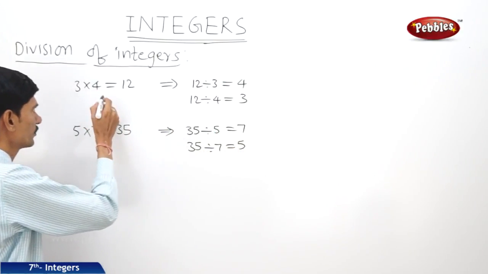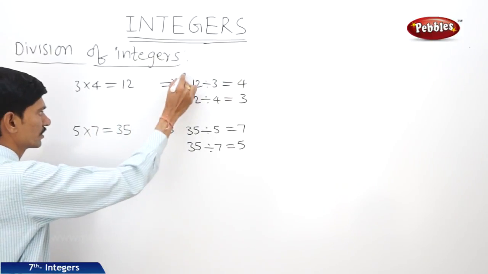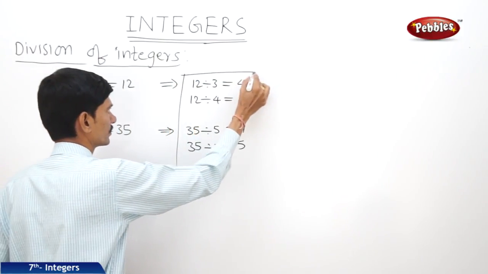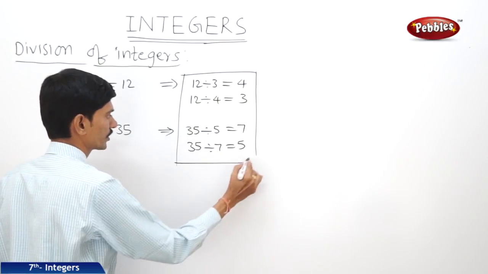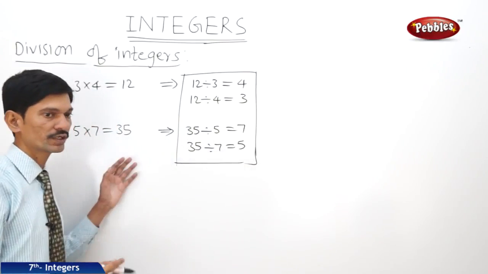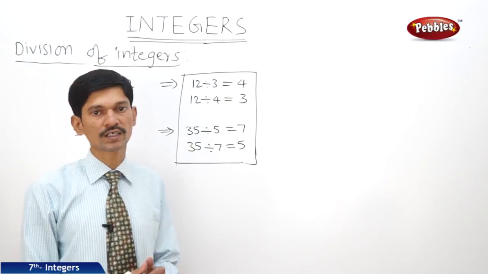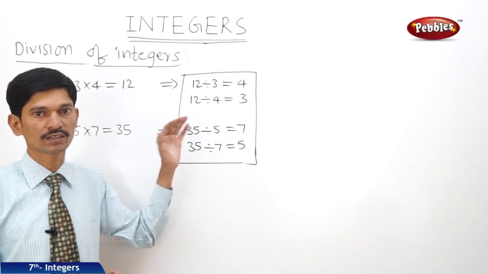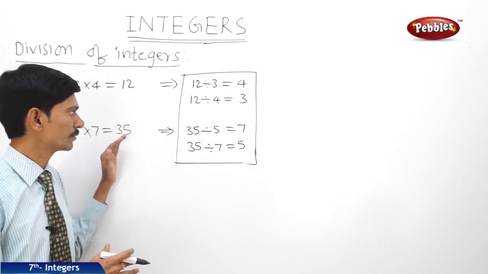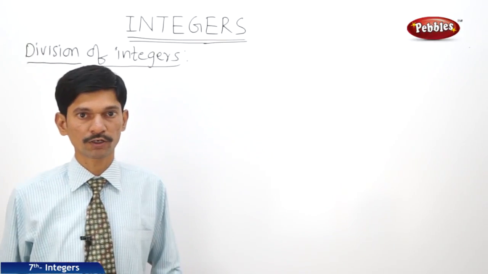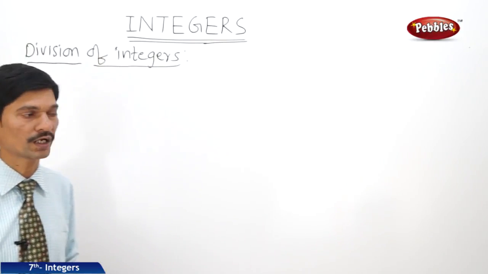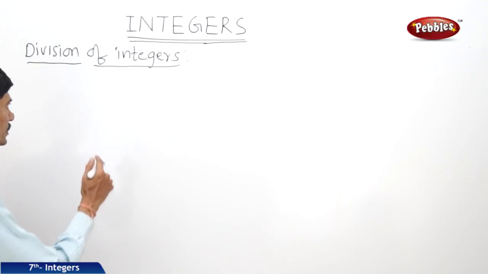So these are the multiplication statements and these are the corresponding division statements. Not only for natural numbers, we can write the division statements even for the multiplication statements of integers. Now let us write the multiplication statement and division statement for integers.